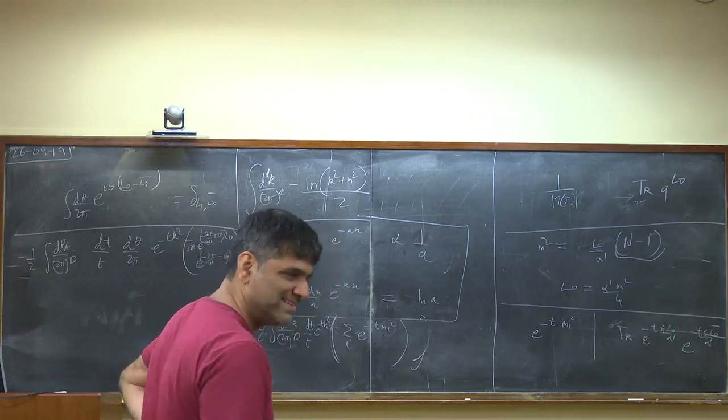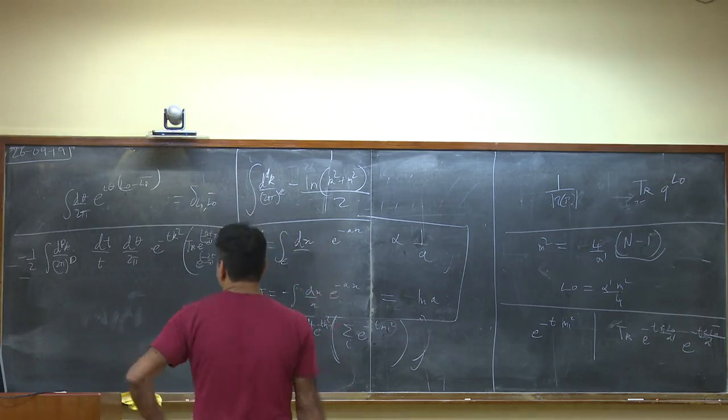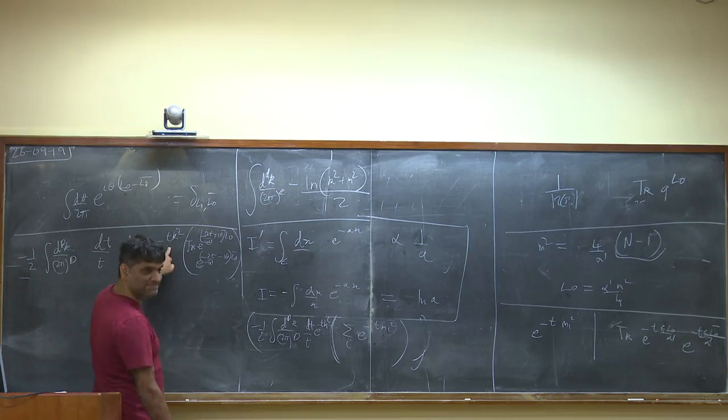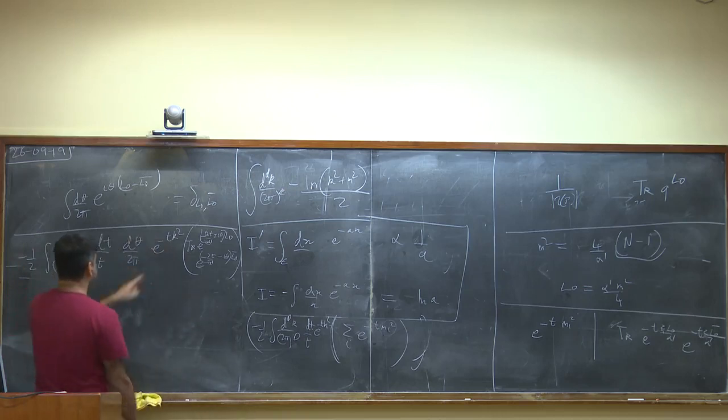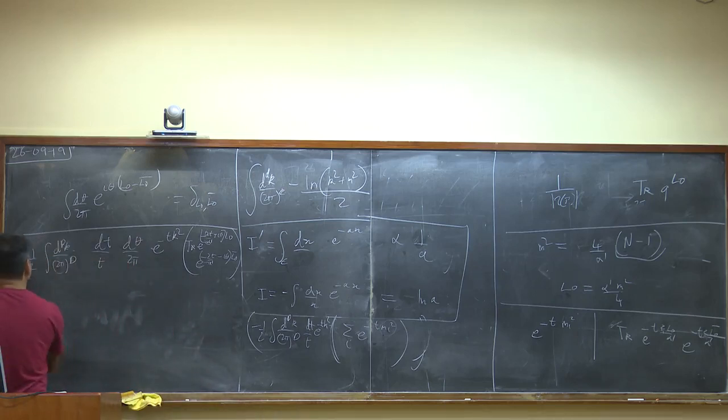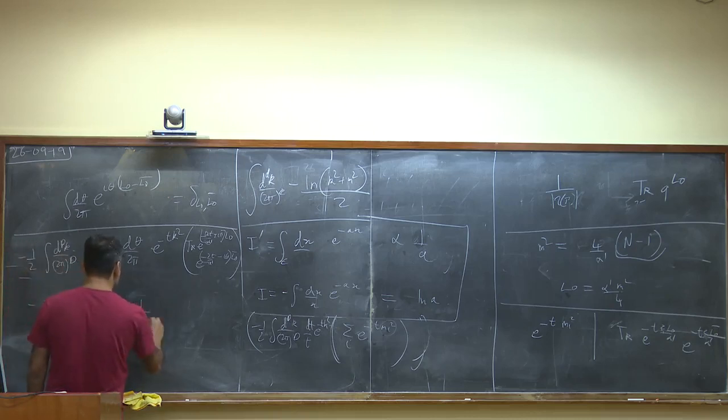All good? Now, at this stage, we can just do the integral over k. This is a Gaussian integral and will give us 1 over t to the power d by 2. So we'll get minus half integral dt divided by t squared times 1 over t to the power d by 2 minus 2 minus 1. Now I'm going to put in d is 26, so t to the power 24.